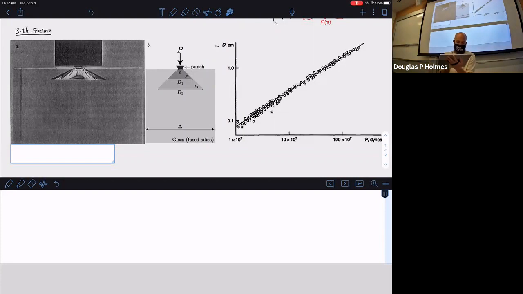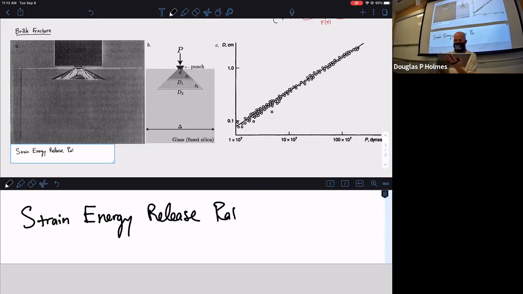So this is a measure of essentially how much energy it takes to create a unit of surface area within the material. So this is energy per area. This is related to another concept that we're going to use, what's known as the stress intensity factor.